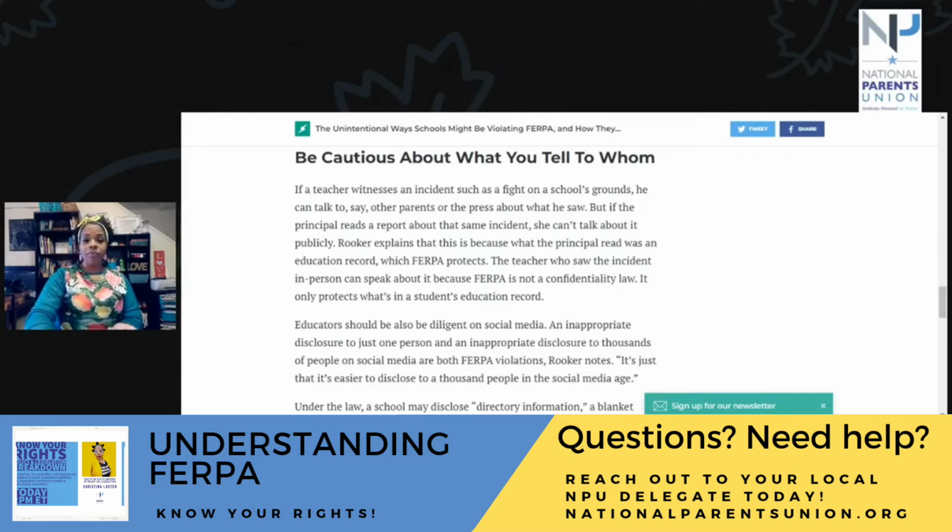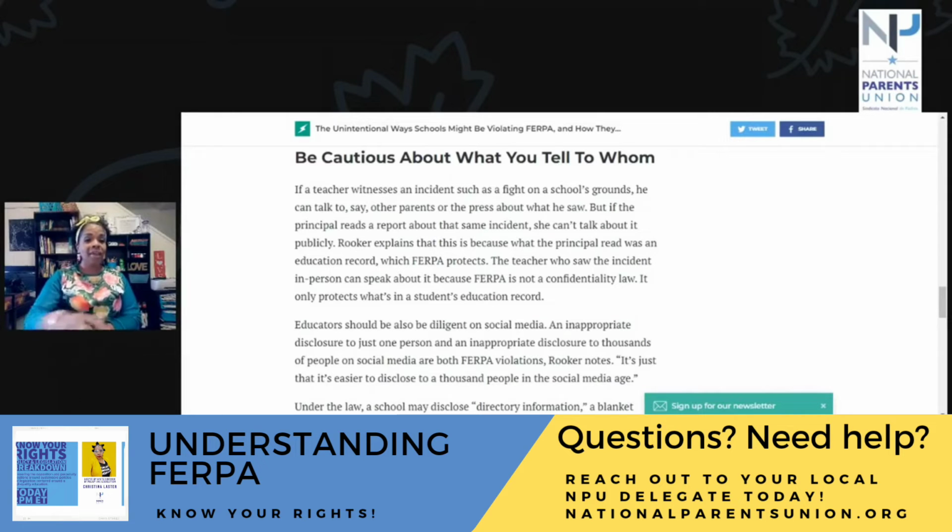Here is something they talk about being cautious. They give an example. If a teacher witnesses an incident, such as a fight on school grounds, he can't talk to, say, other parents or the press about what he saw. But if the principal reads a report about the same incident, she can't talk about it publicly. Some people are now clearly seeing their FERPA rights may have been violated.